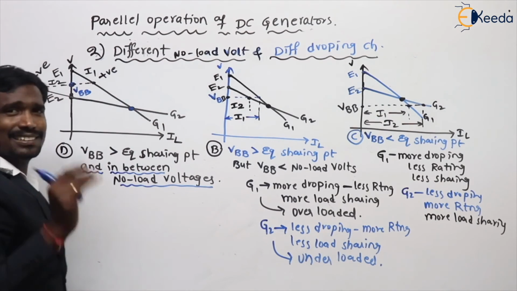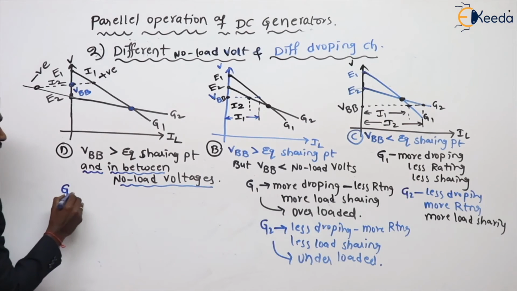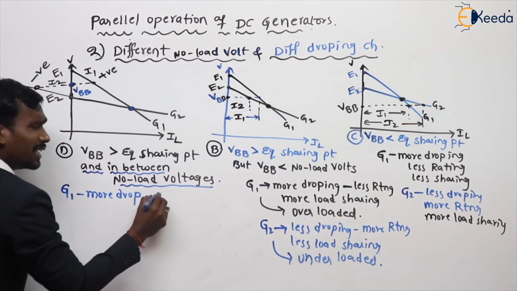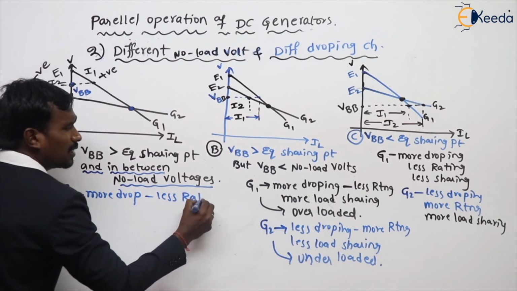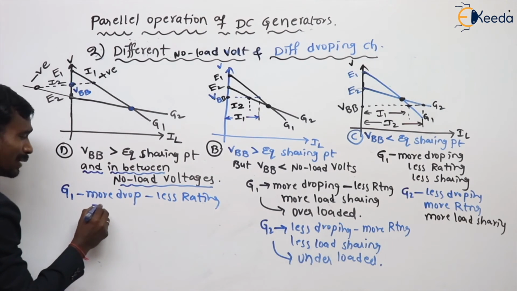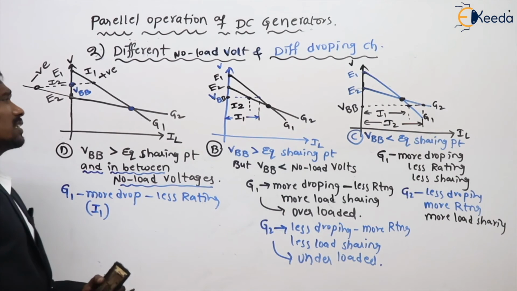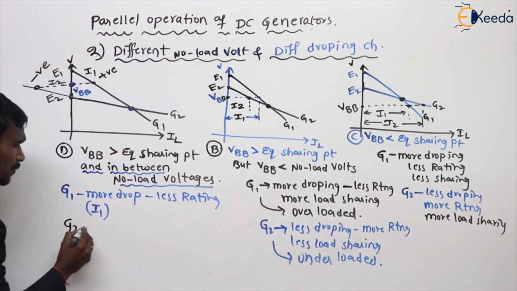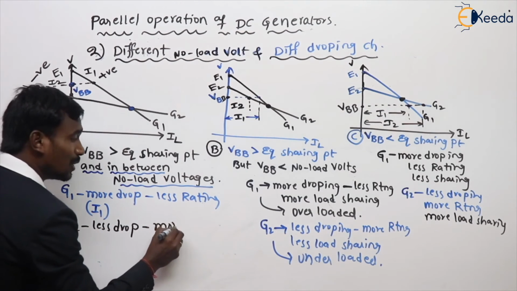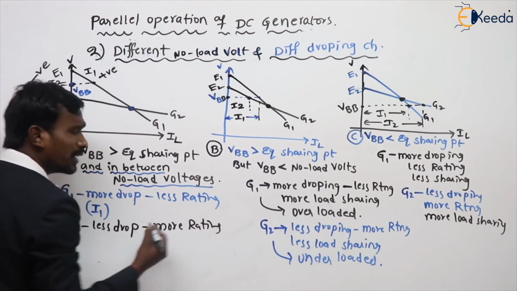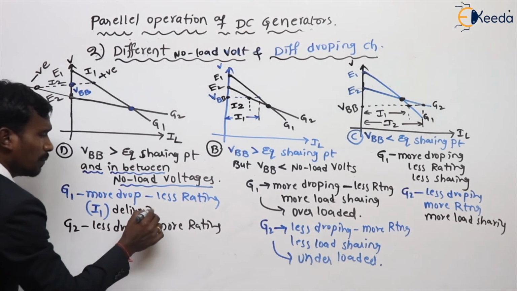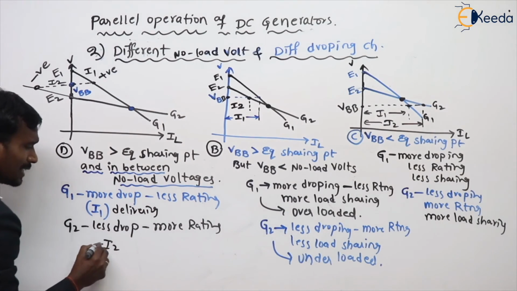This is a very dangerous case because here generator 1, which has more drooping, which is less rating, is sharing the load of I1, but take generator 2, which has less drooping, which is the more rating, this is I1 delivered by generator 1, but this is minus I2.